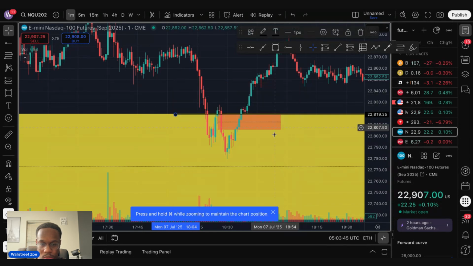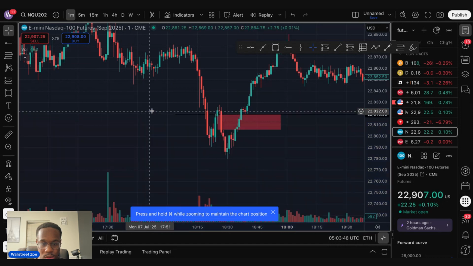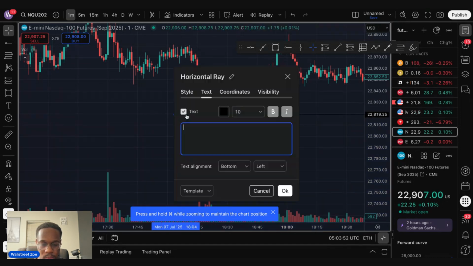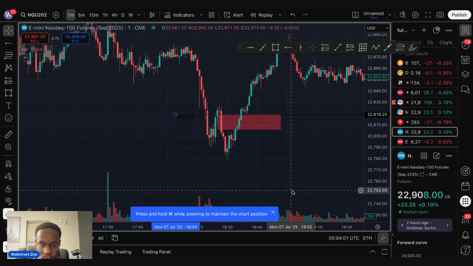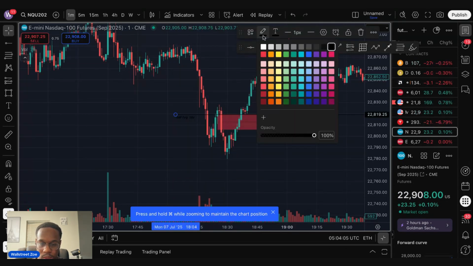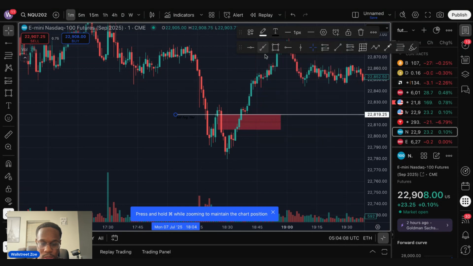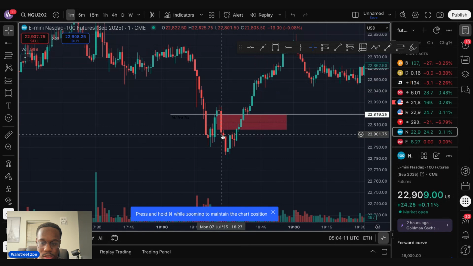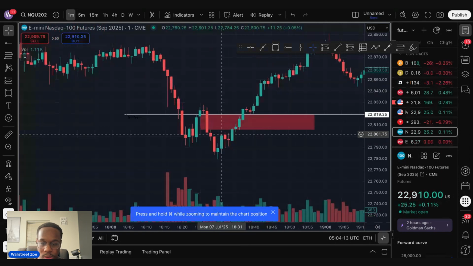Let's say higher time frame FVG, 1 hour. We probably need to change this color to white, so we know below this white line, that's the fair value gap. I just want to make the chart a little cleaner.